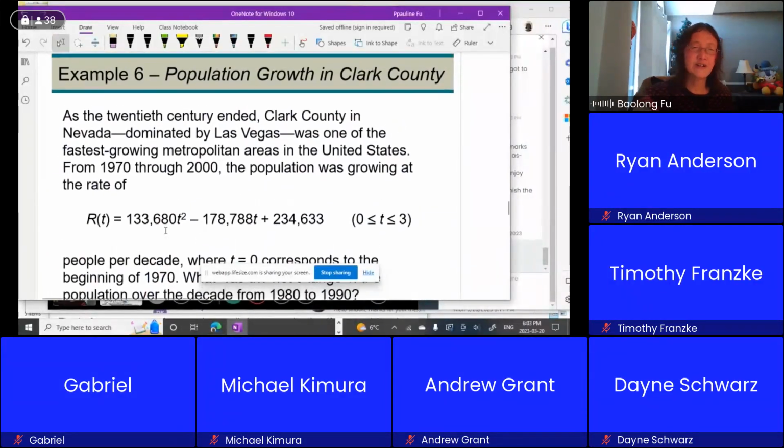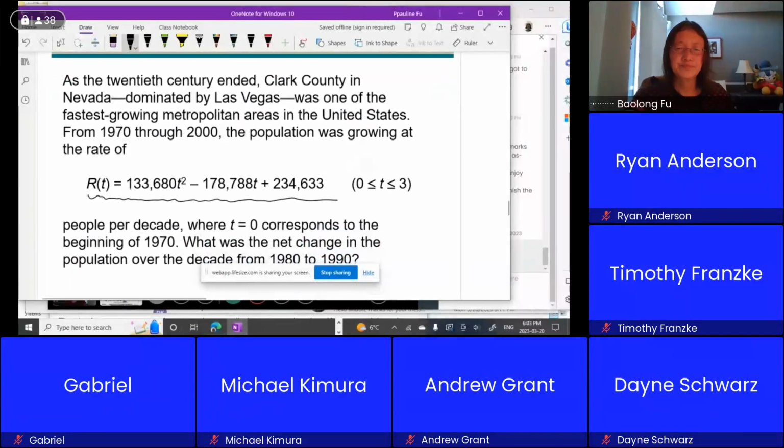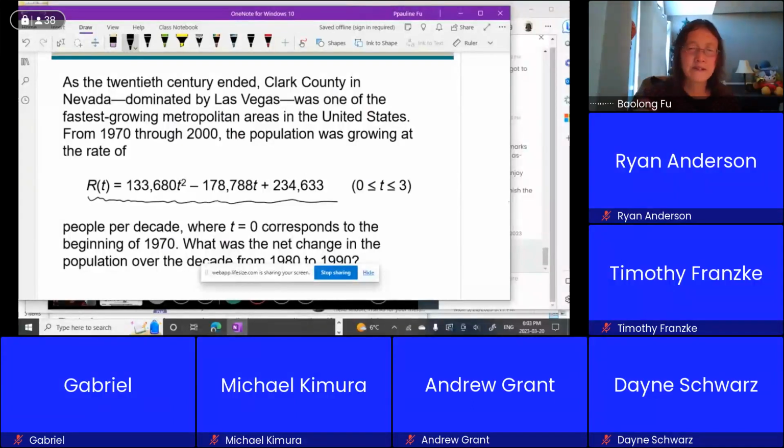Okay, let's take an example. This is example 6. Clark County in Nevada, dominated by Las Vegas, was one of the fastest growing metropolitan areas from 1970 to 2000. The population was growing at a rate R(t). So this is the rate of population, with t equal to 0 corresponding to 1970.